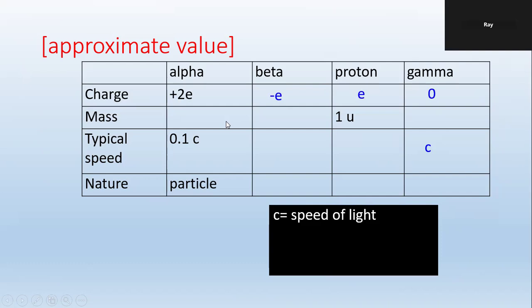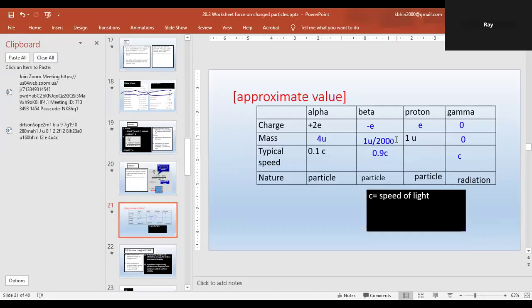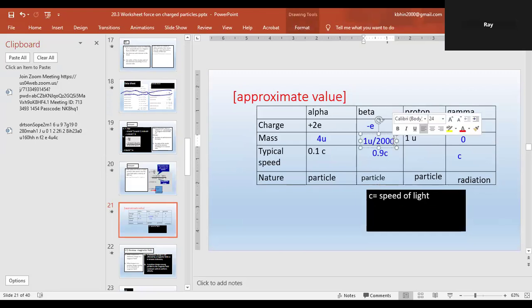Can or not? Because gamma is the speed of light, right? Yeah, speed of light, c.